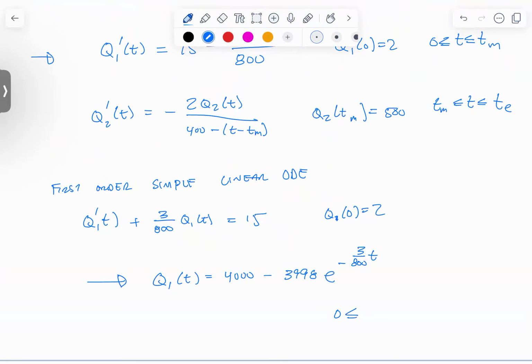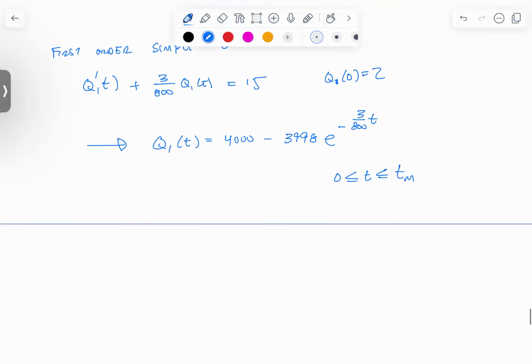This equation goes from 0 to T maximum, and I'm trying to find T maximum.